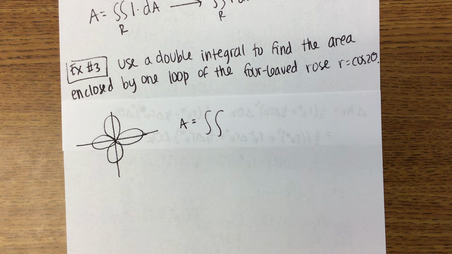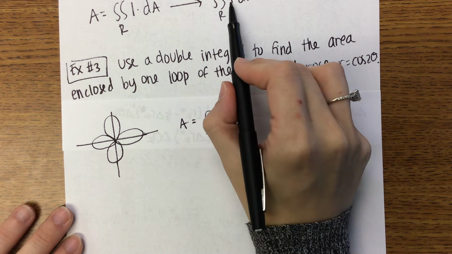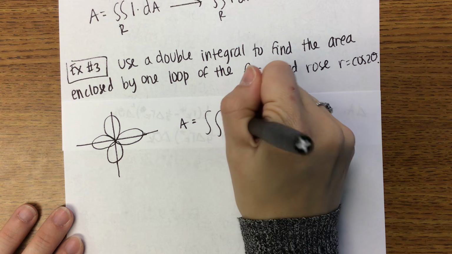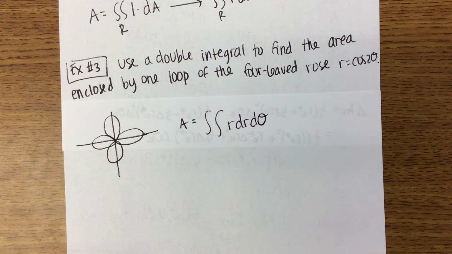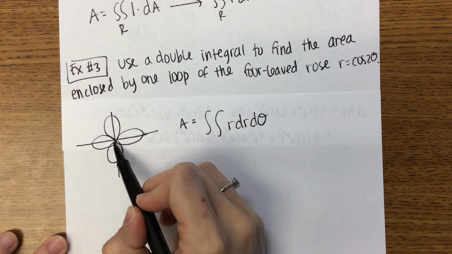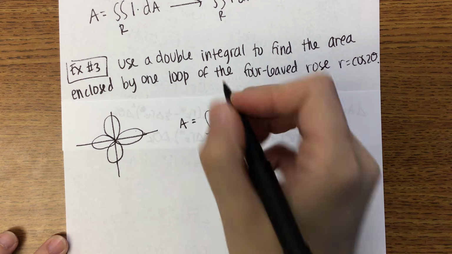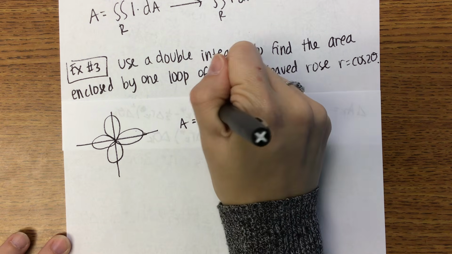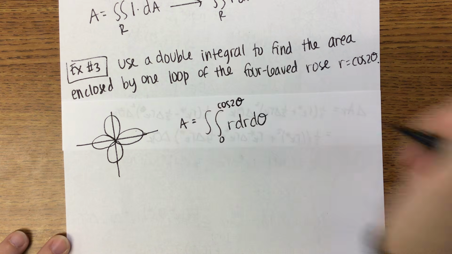So we're finding area. R dr d theta. Okay, so bounds for r, I'm going to start here and go out to the leaf. So it'll be 0 to cosine of 2 theta.